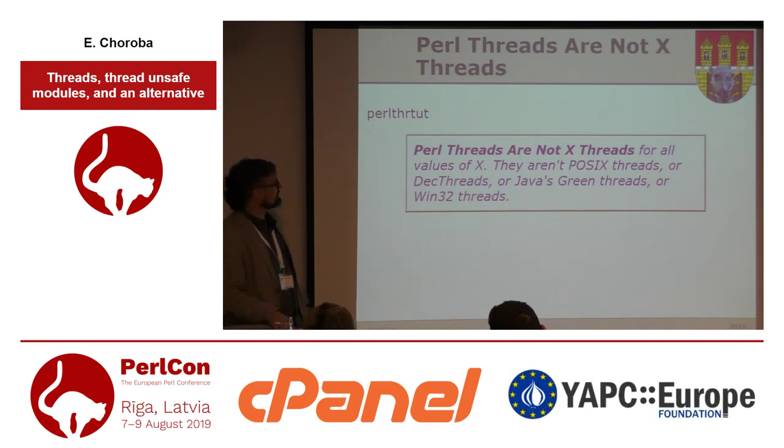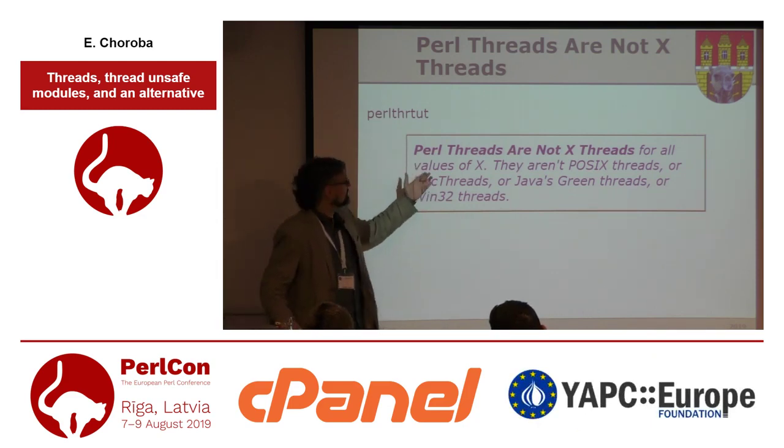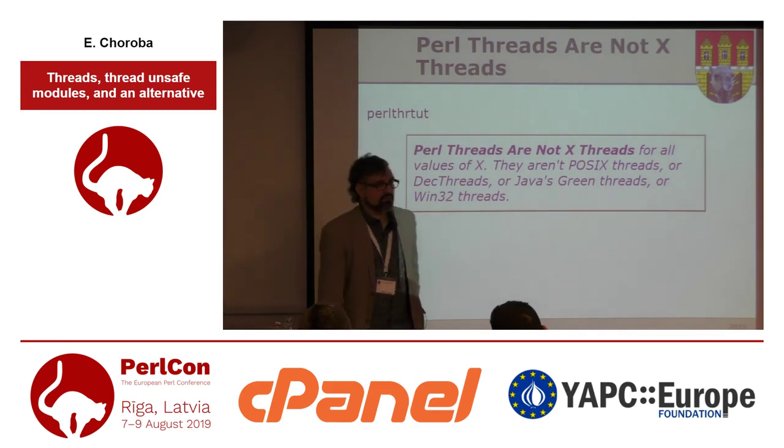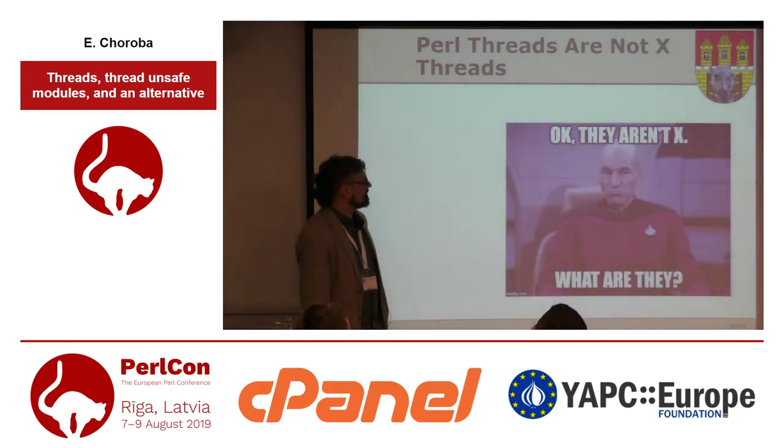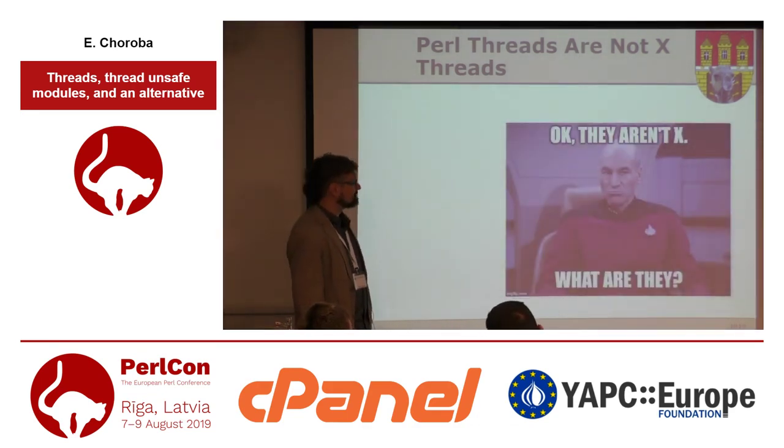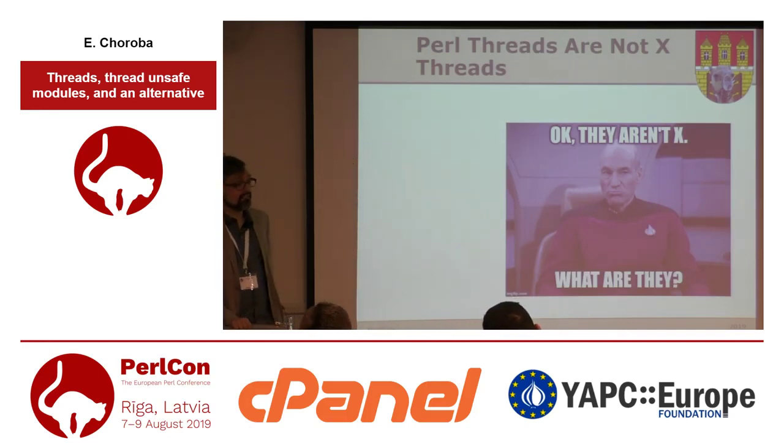Okay, so Perl documentation is aware of these problems. So if you read the Perl thread tutorial, it basically starts with this: Perl threads are not X threads for all values of X. They are POSIX threads, or DEC threads, or Java's green threads, or Windows threads. Which, to me, was like, okay, they aren't X, but what are they?